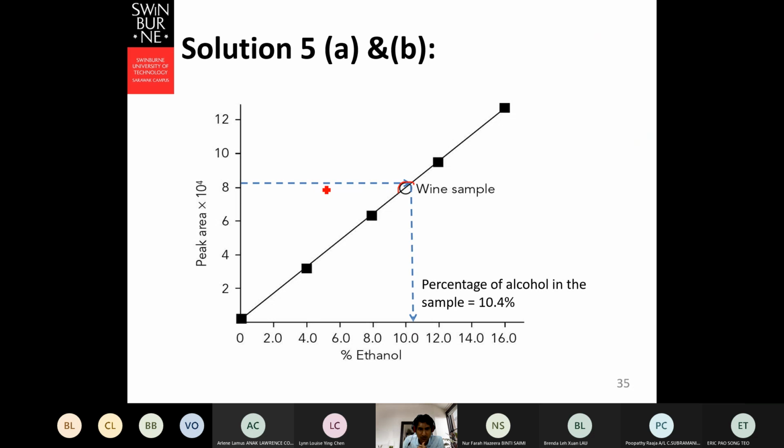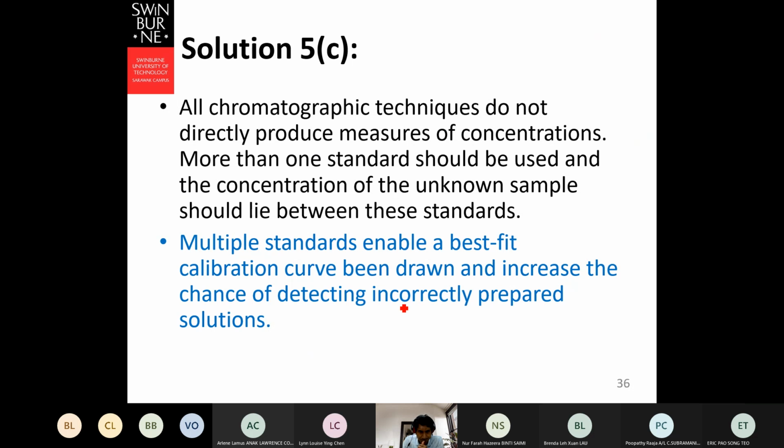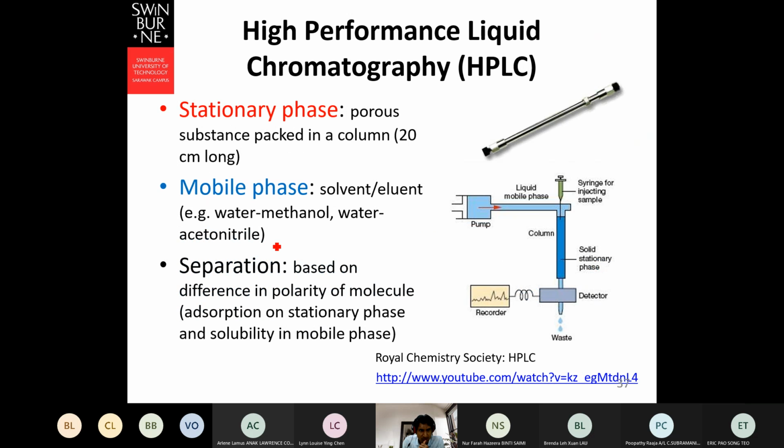I put the peak area on the y-axis, and from there I drop down to the percent ethanol concentration on the x-axis, so I find the concentration of ethanol here. Okay, so please go through it.